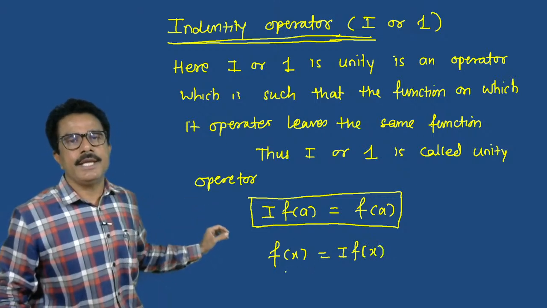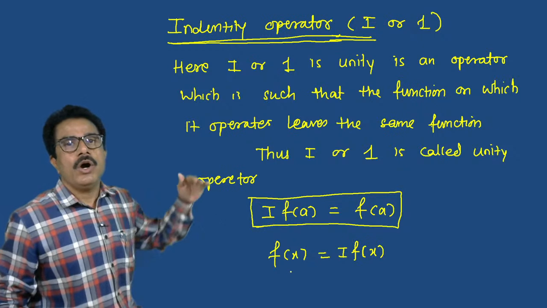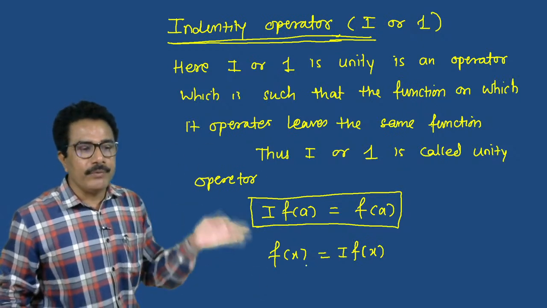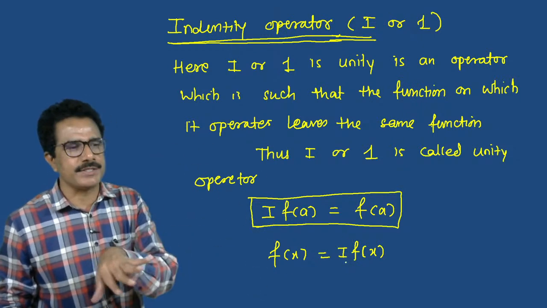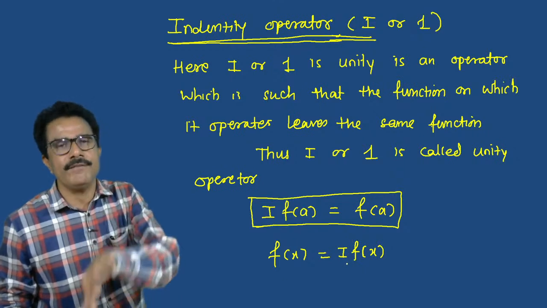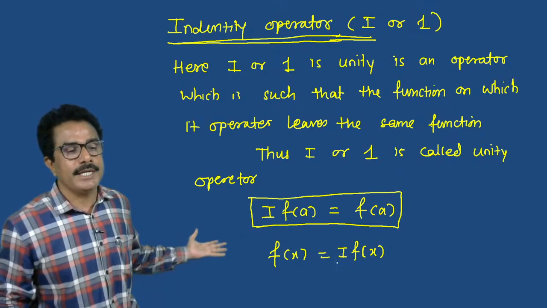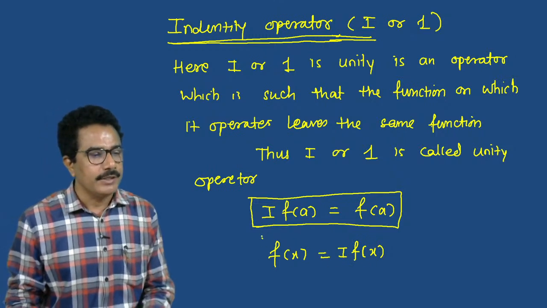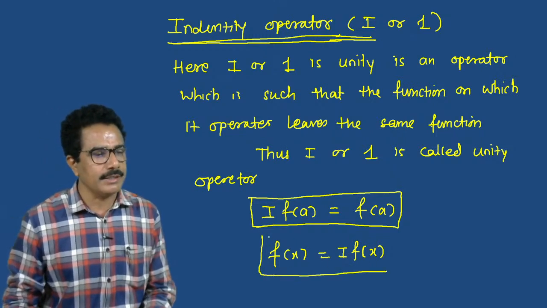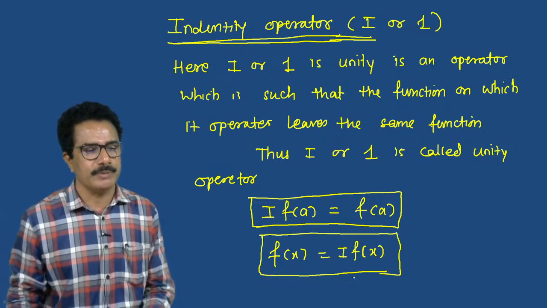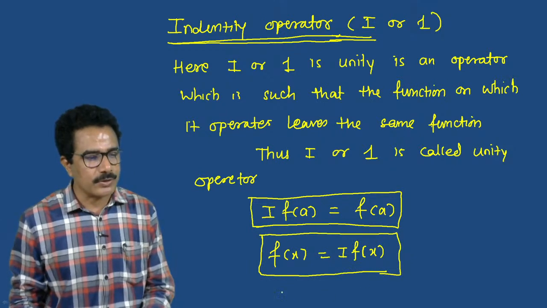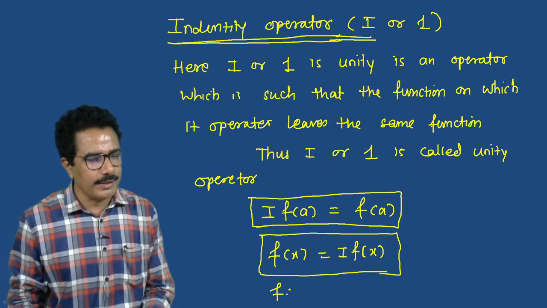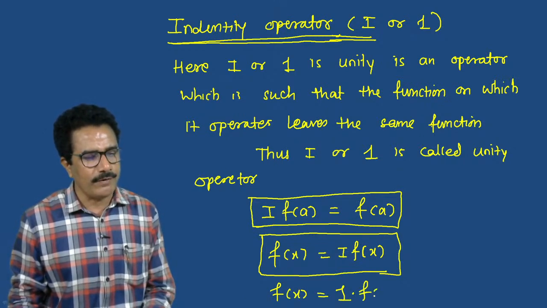If the given function remains the same after using the operator, as it leaves the same function, then that operator I is called the unity operator or the identity operator. So you can also write f of x equals to 1 into f of x.